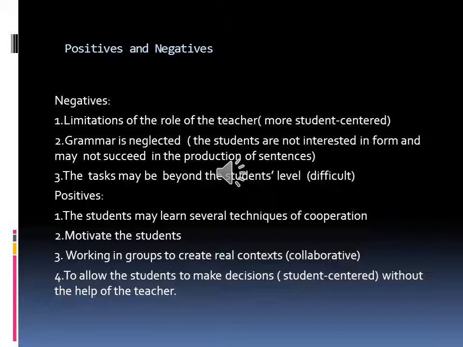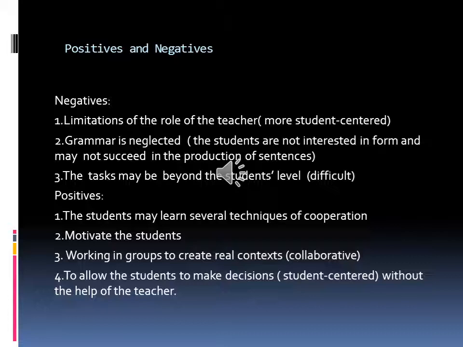The students are not interested in form and may not succeed in the production of sentences. The task may be beyond the student's level in terms of difficulty. Positives. The students may learn several techniques of cooperation, motivate the students, working in groups to create real context, collaborative, to allow the students to make decisions, student-centered, without the help of the teacher.